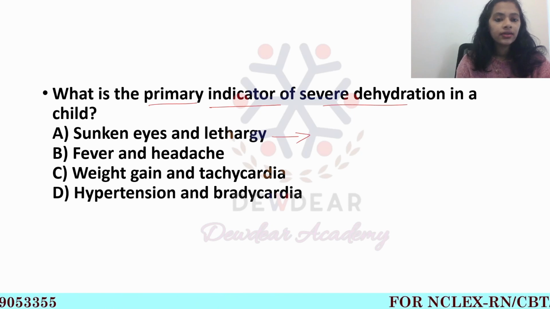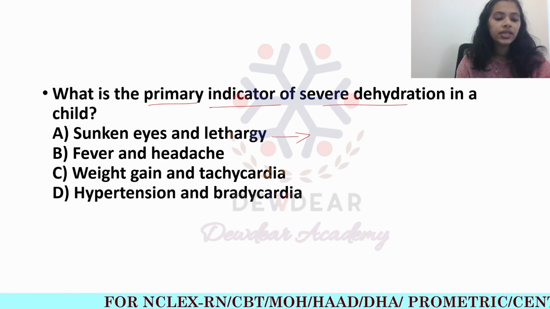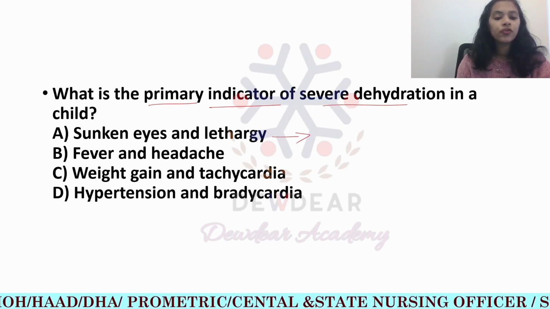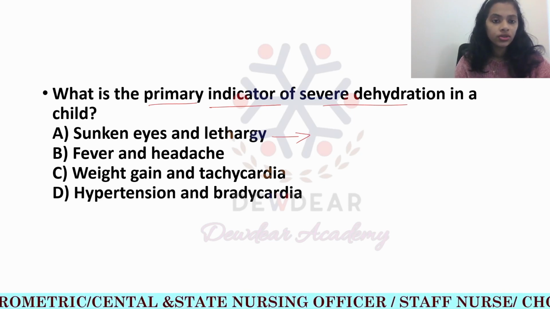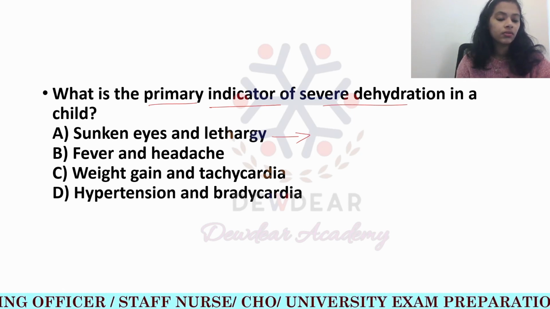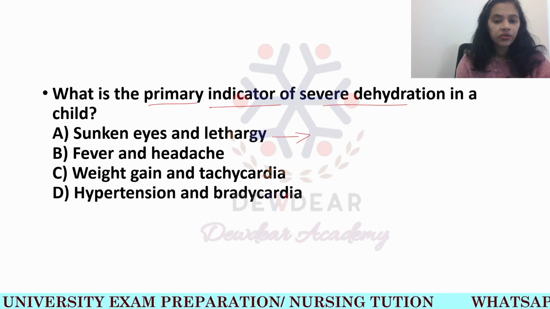Sunken eyes and lethargy are the primary signs of severe dehydration, especially in children, because sunken eyes occur due to the loss of fluid in the tissues around the eyes, and the lethargy results from decreased circulation and inadequate fluid balance.